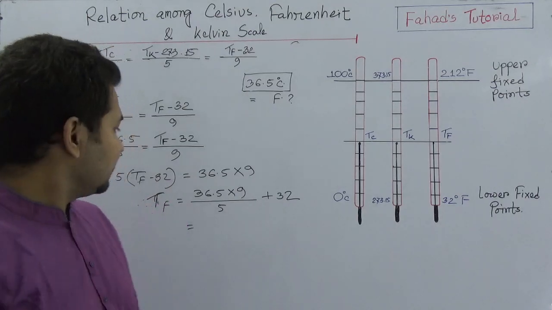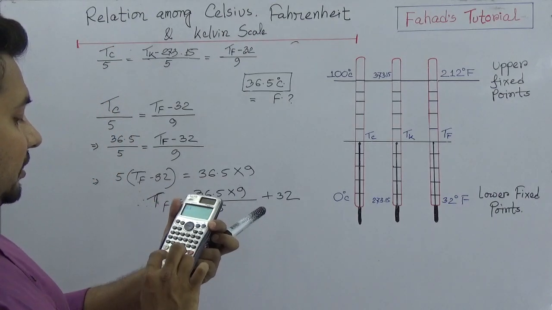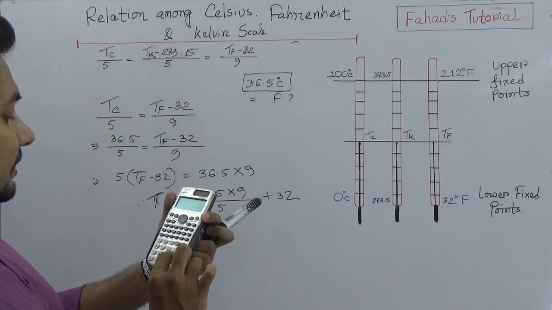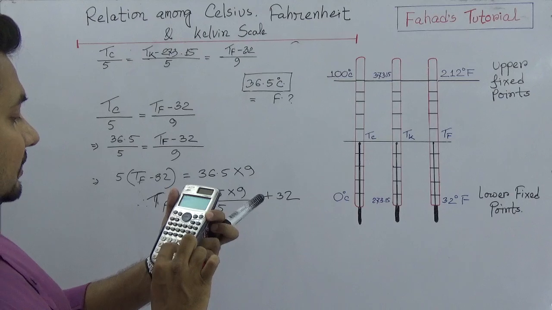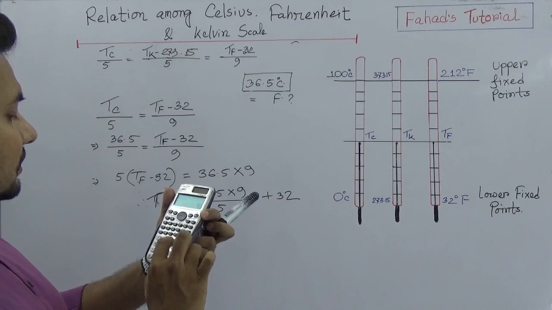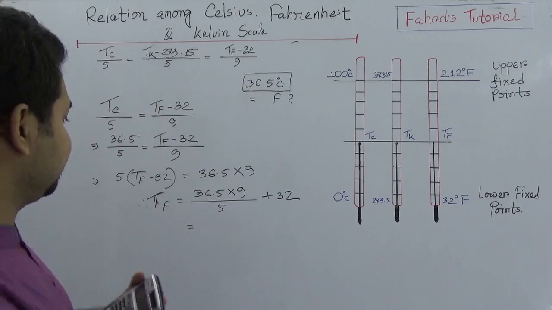Let's use the calculator. 36.5 times 9 divided by 5, plus 32, is 97.7.